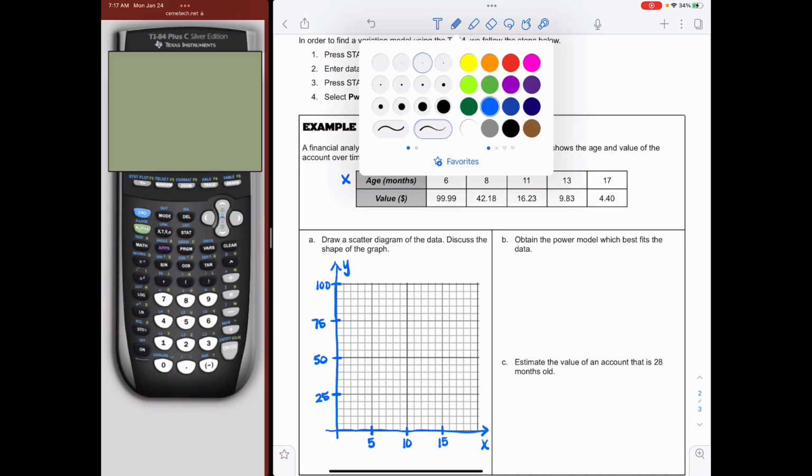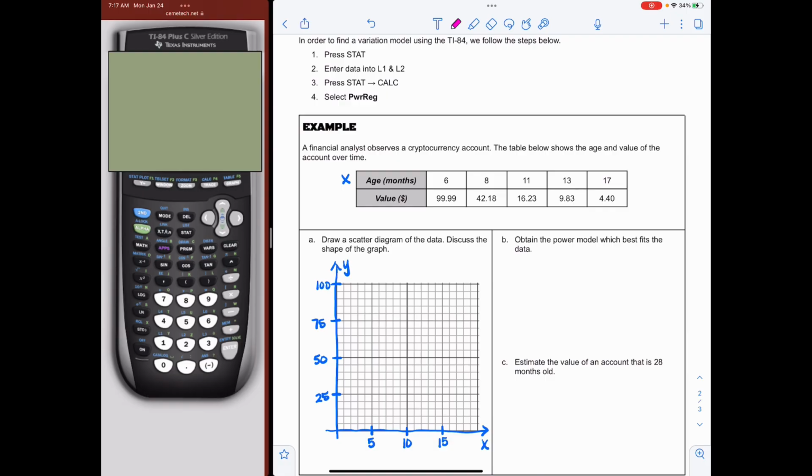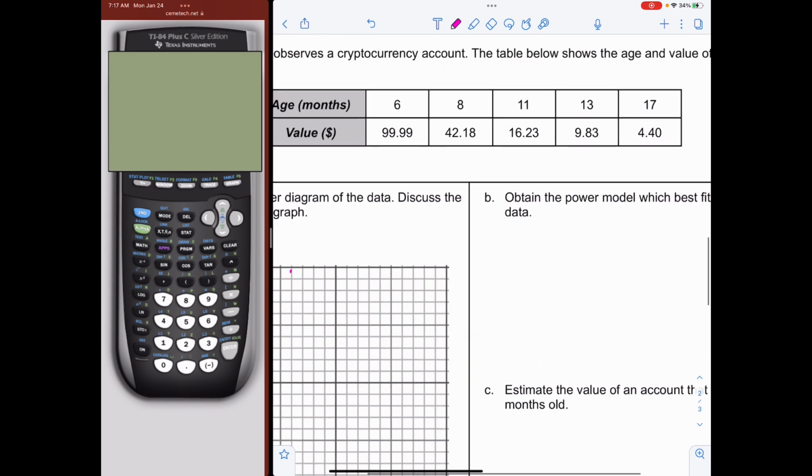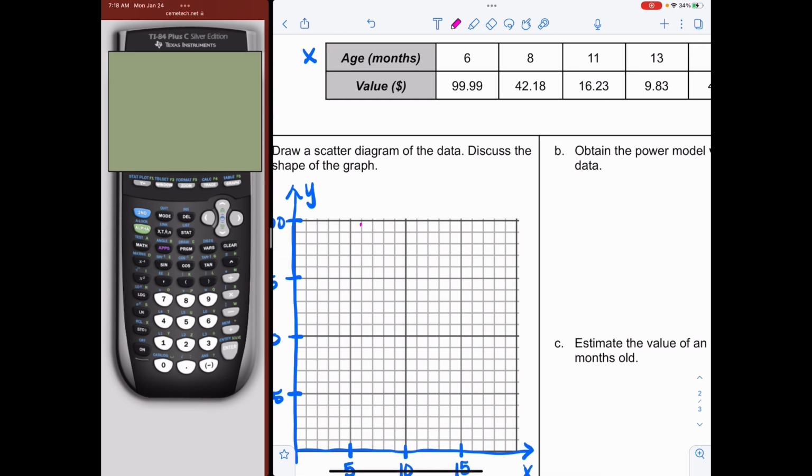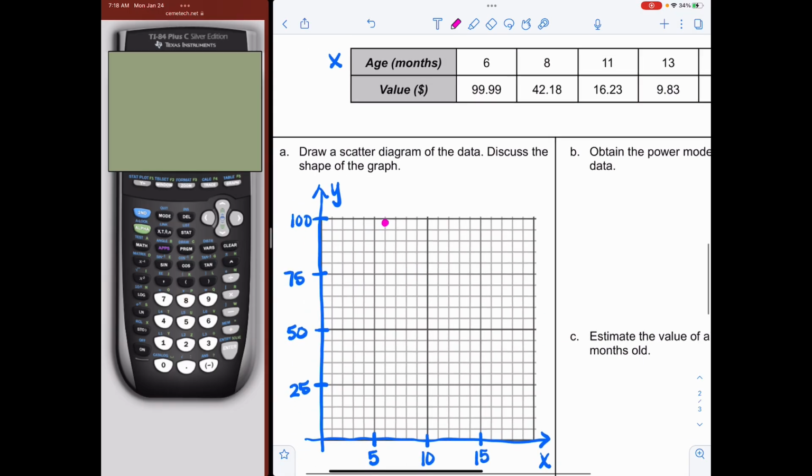All right, so if I plot these points, I'm going to have 6 and 99.99. So that's going to almost be here at 100. And I'm going to zoom in just a little bit. So somewhere up here. And then we're going to have 8 and that's 42.18.